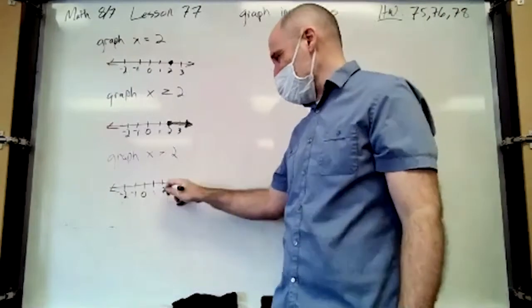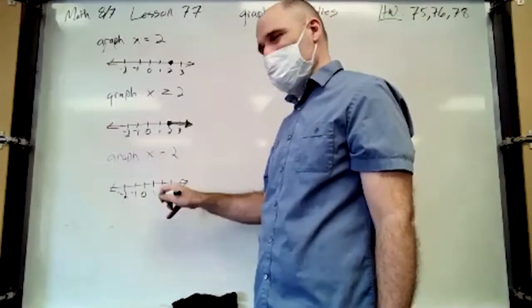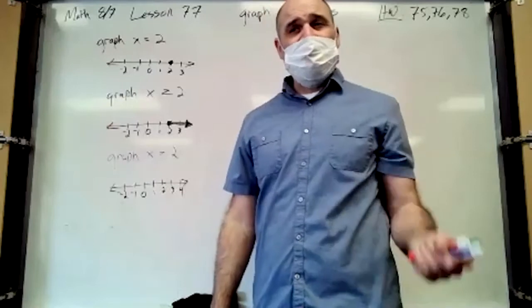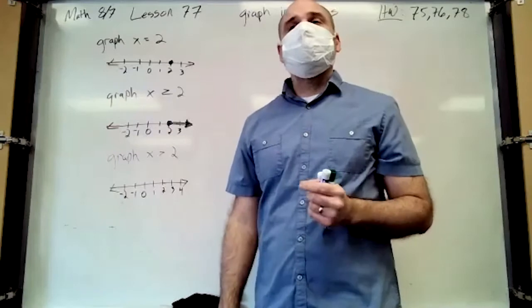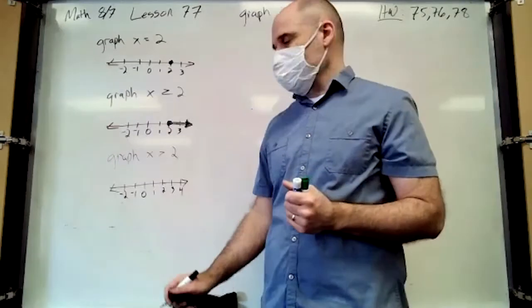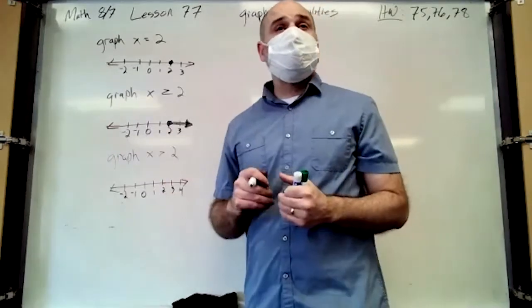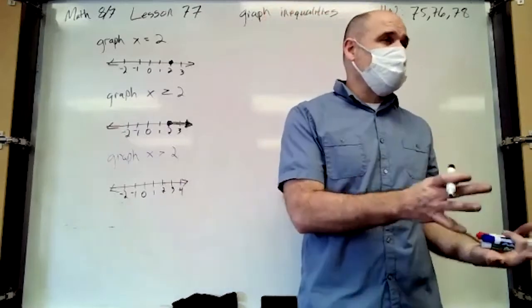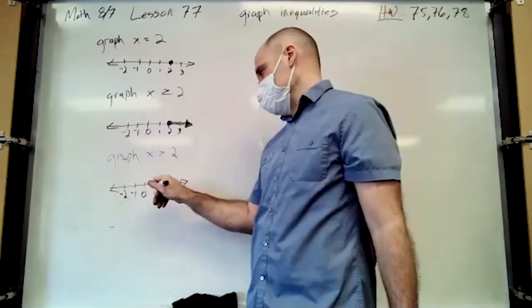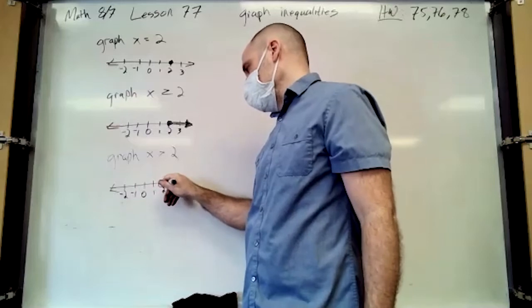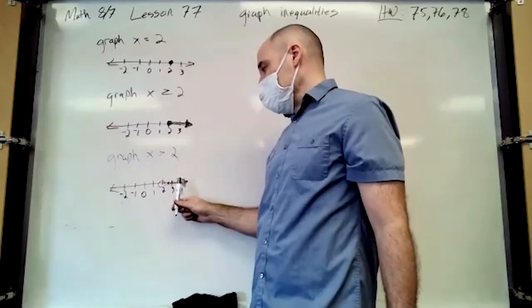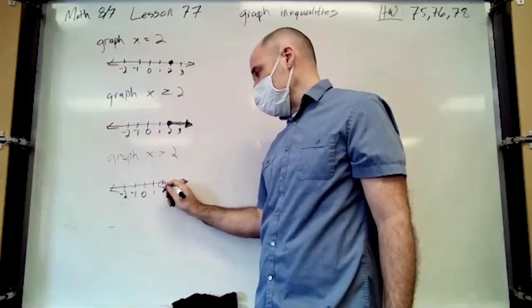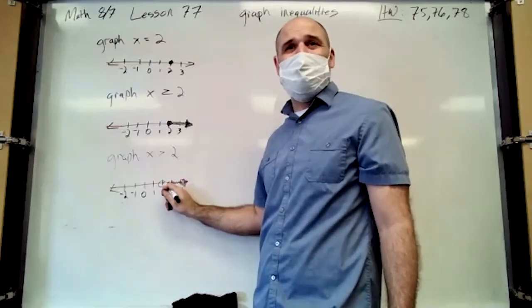We can't just graph everything to the right because we can't get close enough. So there's another symbol that we created, and I call it the everything but. Okay, so we're going to draw a force field around 2 so it doesn't get touched. Now, if I draw that force field, now I can shade to the right, and it's okay. Now, obviously, there's numbers, there's stuff in there that needs to be shaded, right?